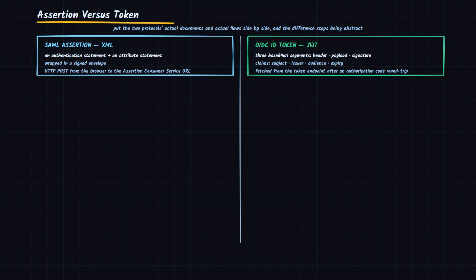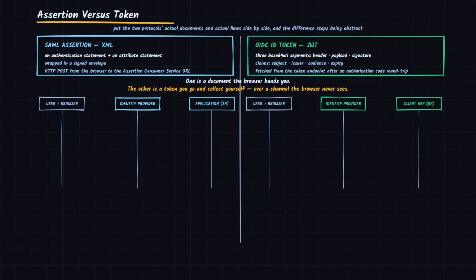It's fetched by the client application from the identity provider's token endpoint, over a direct back-channel call, after an authorization code round trip, the exact mechanism the previous episode walked through against RFC 6749 and the OpenID Connect Core specification. One is a document the browser hands you. The other is a token you go and collect yourself, over a channel the browser never sees.